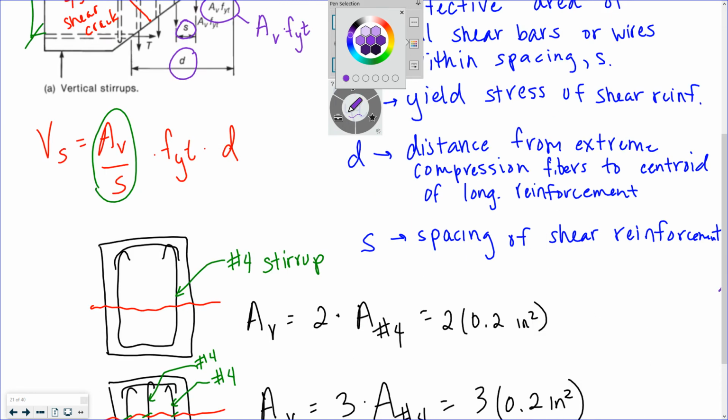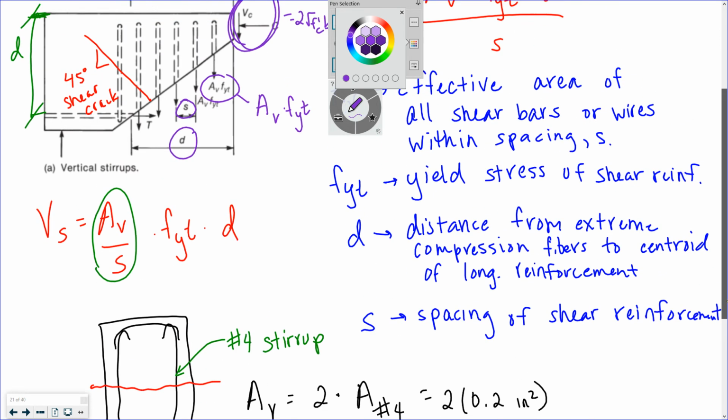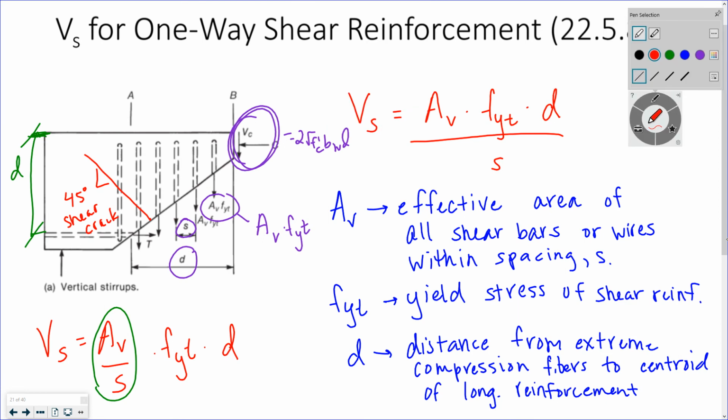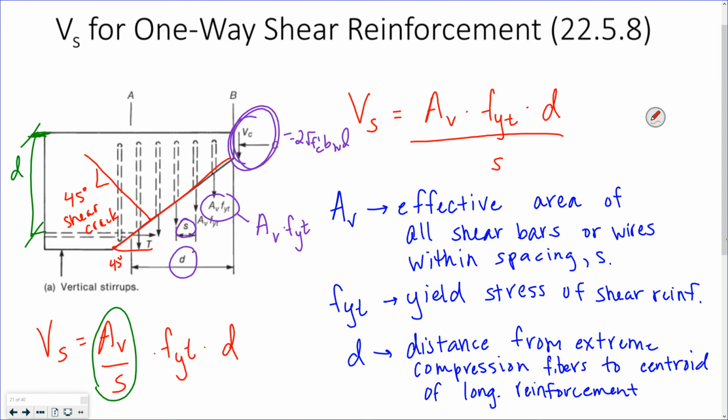Right, so kind of stare at that picture a minute. Your steel contribution for shear is over this 45 degrees, right? A depth d from here to here.